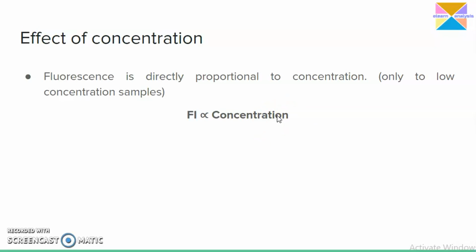This we usually come across when we are dealing with quinine sulfate solution in a very high concentration, and that is why fluorescence is much better followed when there is a low concentration of the sample being considered.